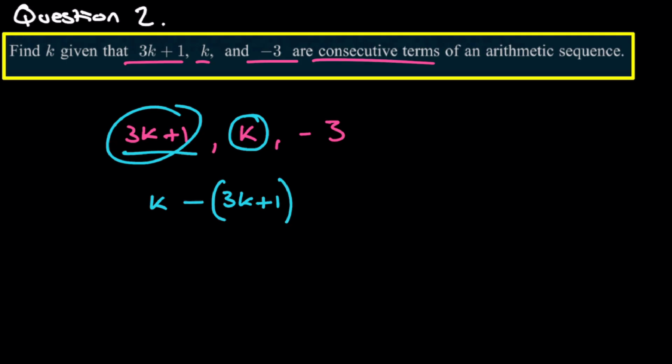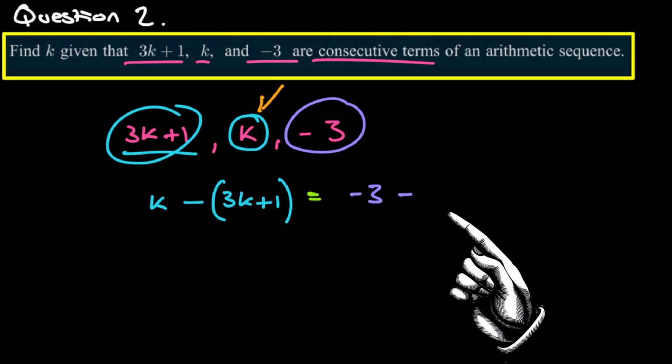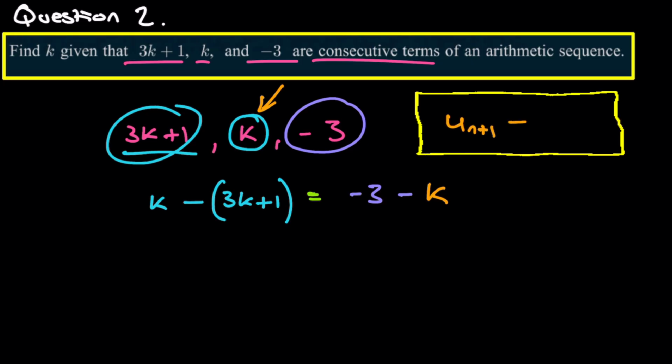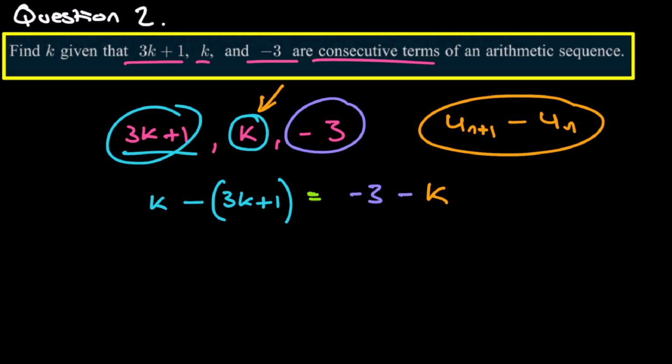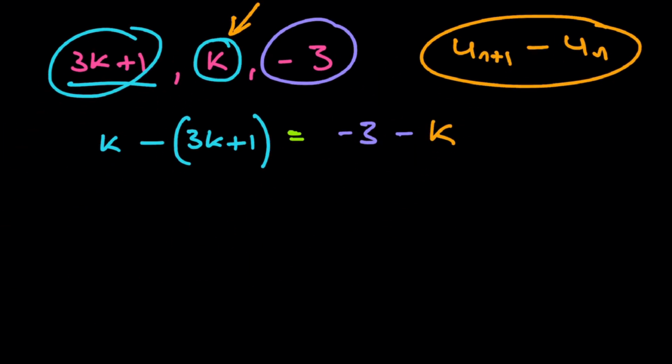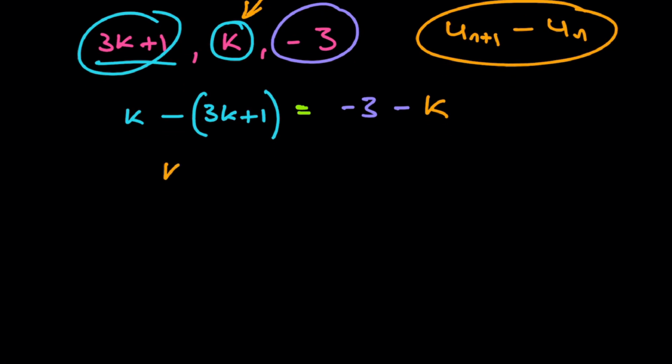Would be equal to, and we can say that statement again, we would take one term, that in this case would be minus 3, subtract the previous term, which in this scenario would be k. So what we're doing is taking one value of the sequence and subtracting the previous term. And if this is arithmetic, which it tells us it is, then these two must be equal to one another. So we're going to get k minus (3k plus 1) must equal minus 3 minus k.